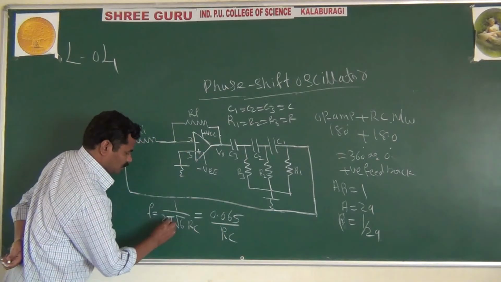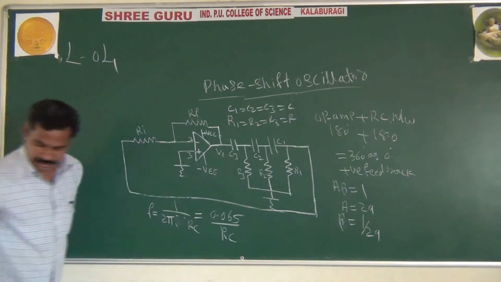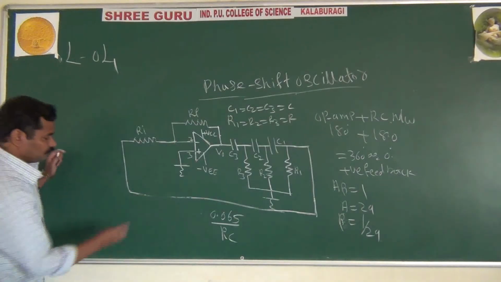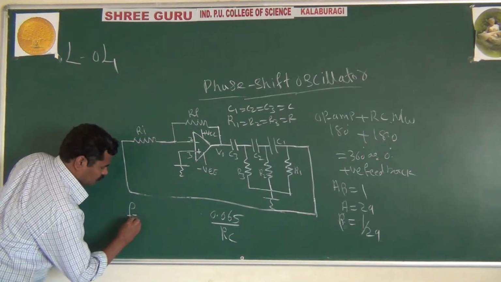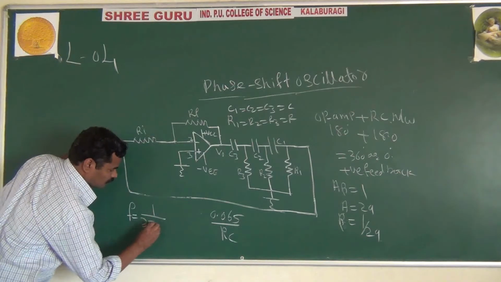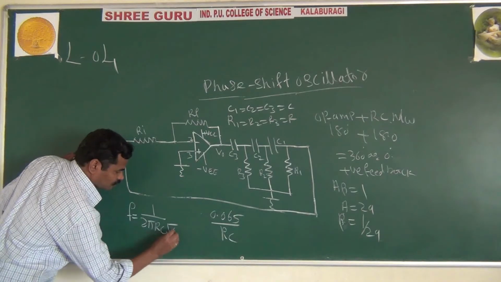For this frequency, we have the 2 pi. Right here, so we are confusing this. F is equal to 1 divided by 2 pi RC root 6.